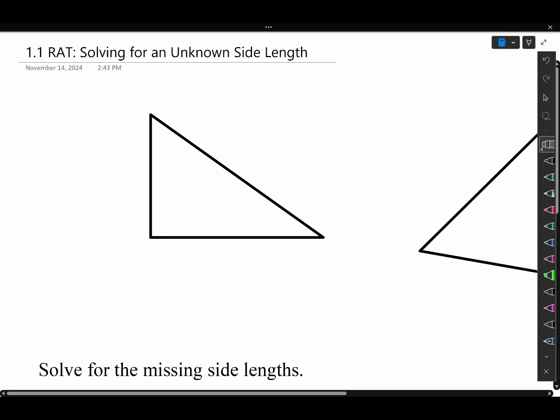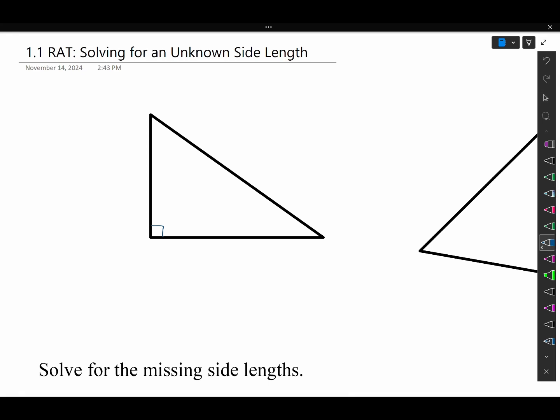Now we'll start off. We have ourselves a right triangle right here. Now when we're labeling a right triangle, we always label it using the same three words. Directly opposite of that right angle is always going to be the longest side of your triangle. We call that a hypotenuse. Now from here, we'll always need to work with some kind of an angle, whether our lower angle is known or our upper angle is known.